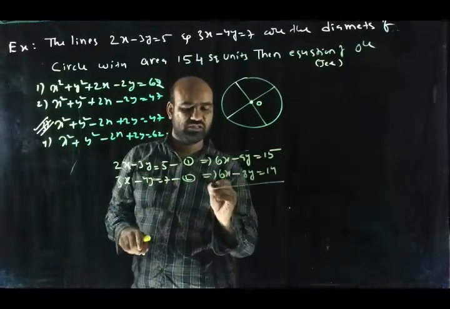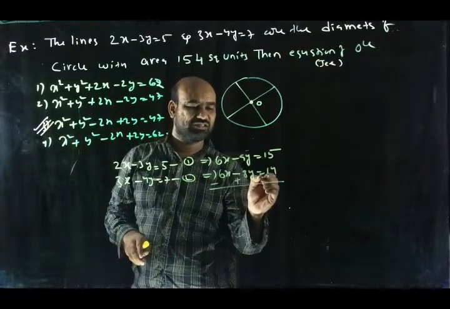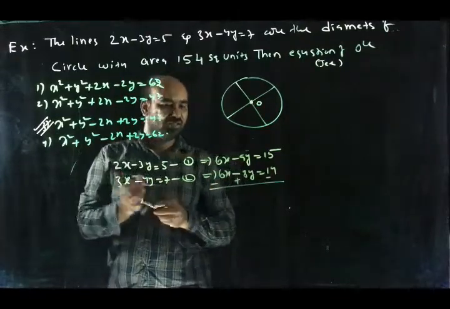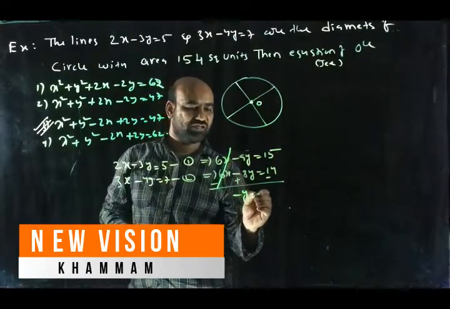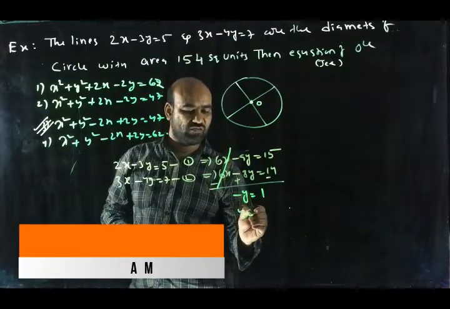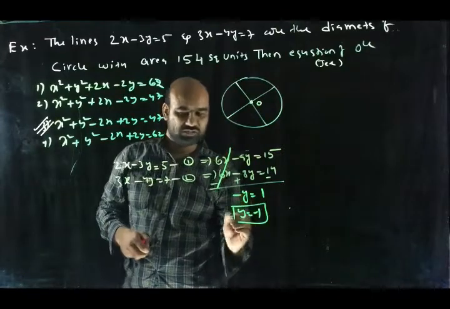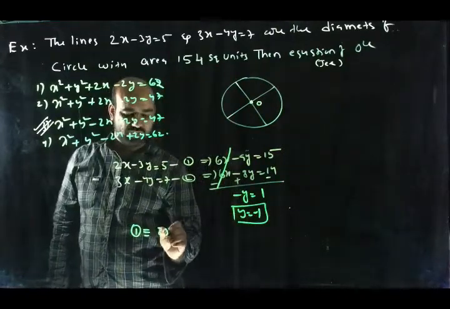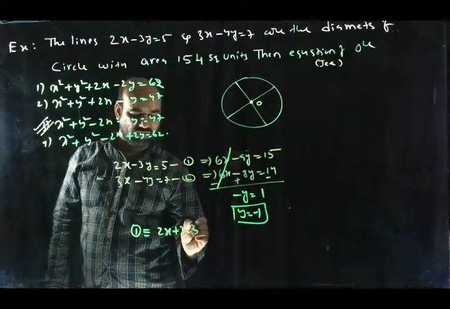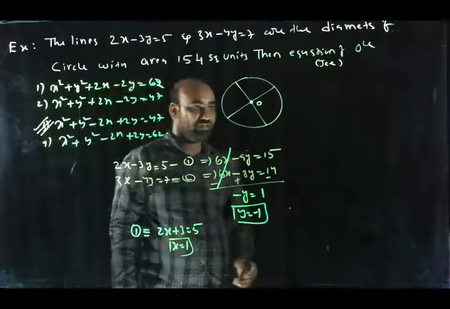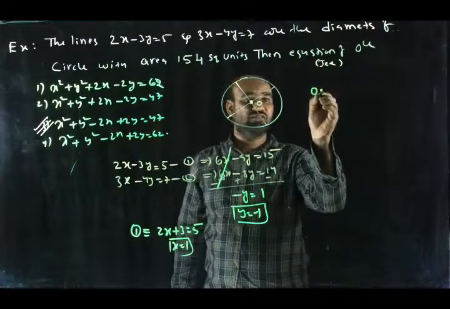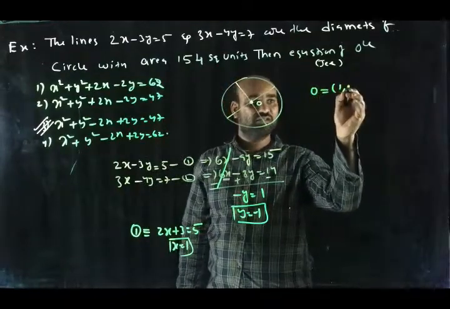I am subtracting. So here these two get cancelled. Minus y equal to 1. Therefore y equal to minus 1. Then 2x plus 3 equal to 5, x equal to 1. Therefore we got the center of the circle, O equal to (1, minus 1).